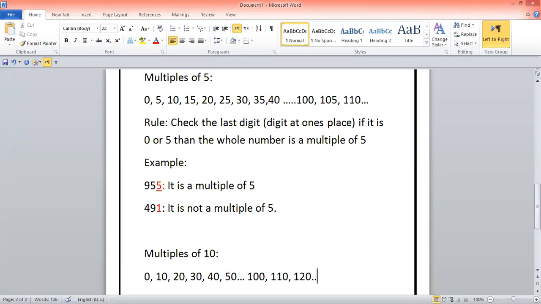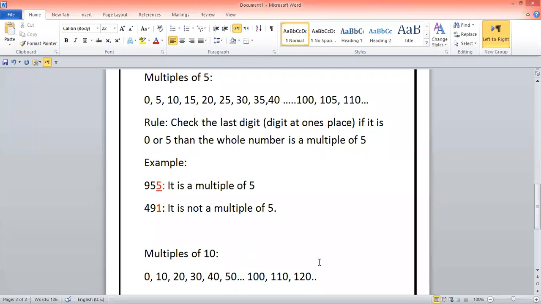Multiples of 10 are very easy. In multiples of 10, you just need to check the last digit. If the last digit of any number is 0, that means the whole number is a multiple of 10. The whole number is divisible by 10.